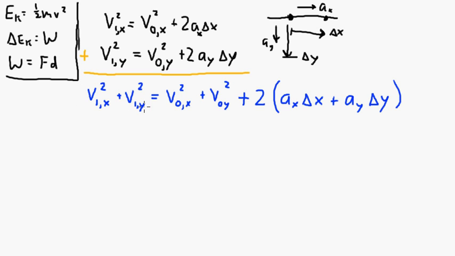Okay, so what's interesting now is if we look at this term here, this is the x component of velocity squared plus the y component of velocity squared. And you'll recall that if you have some velocity like that, let's say you've got an x and y axis like that, then this is your y component of this velocity v, and this is your x component of this velocity v. And the length of this vector v you find using the Pythagorean theorem.